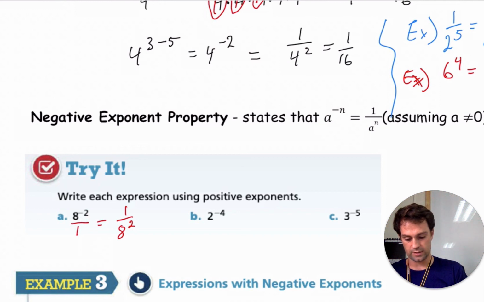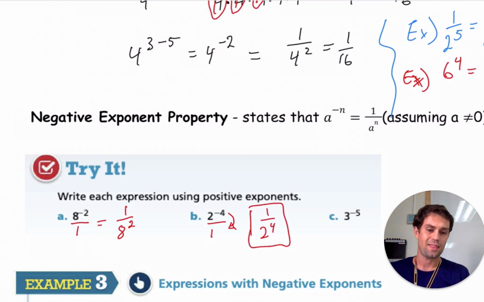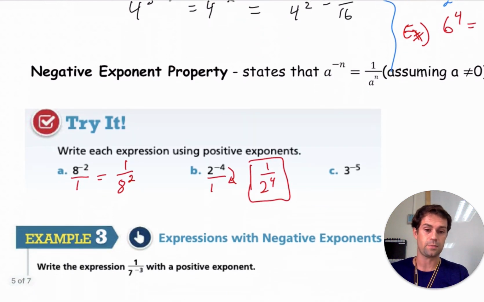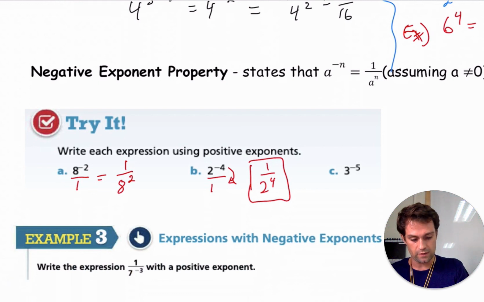This one, we are going to send it down because we have a negative exponent. So downstairs, so we have 1/2 to the power of 4. And I might refer to it upstairs, downstairs. That is not technically correct, but it's just a way for us to communicate which direction we're going. Since we have a negative exponent here, we're going to send it downstairs. So it's going to be 1/3 to the power of 5.